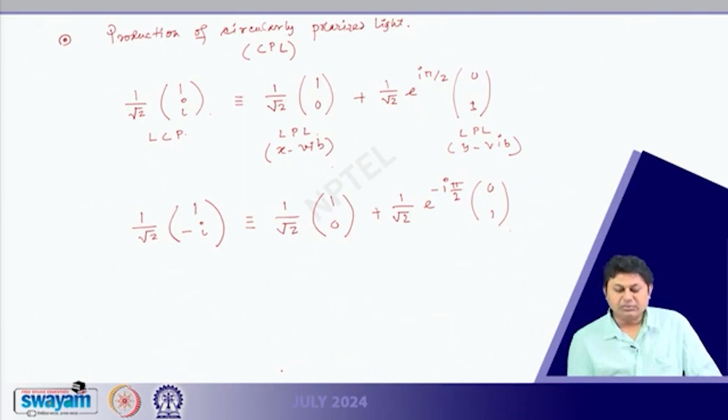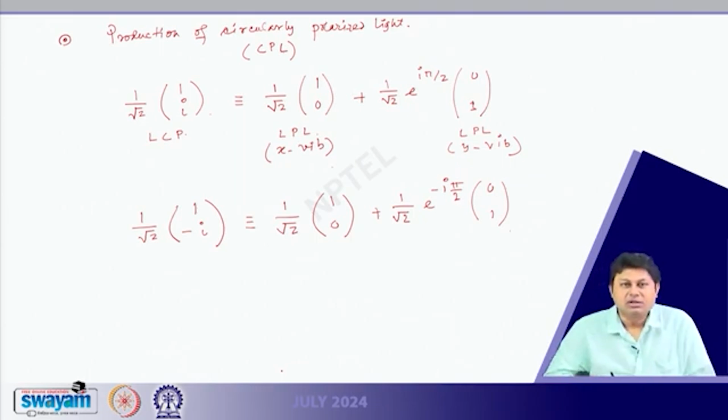So, in this way we can produce left circularly and right circularly polarized light using linearly polarized light, and also using a structure like the nickel prism we can analyze the light, and this is the way we can generate and analyze polarized light.